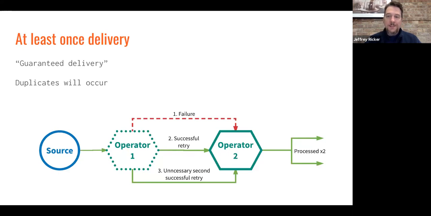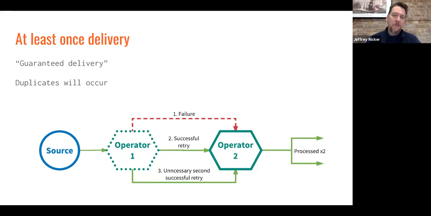Now, this is the second easiest system to implement, but it will cause duplicates. You have to track as a processor what you've received. You don't want to count something twice. Like, imagine that a trade gets done twice. That would really screw up your balance.